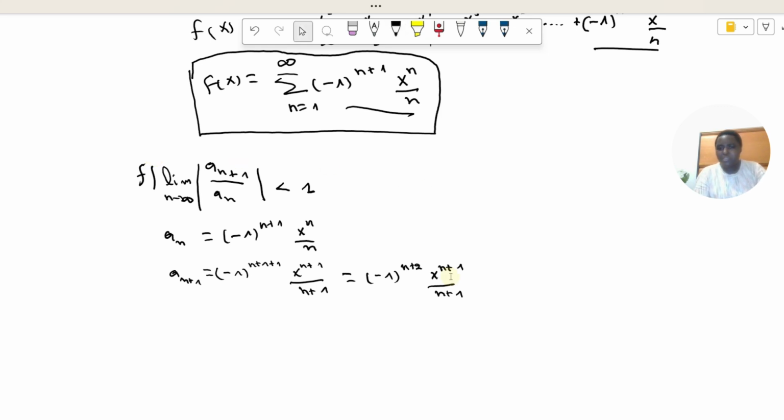And what if we compute the ratio between these two consecutive terms, a n plus 1 over a n?